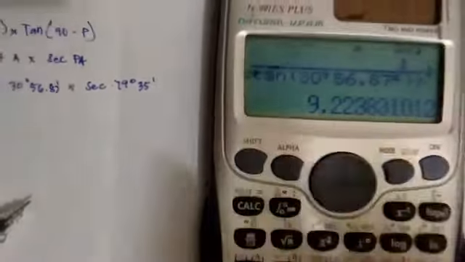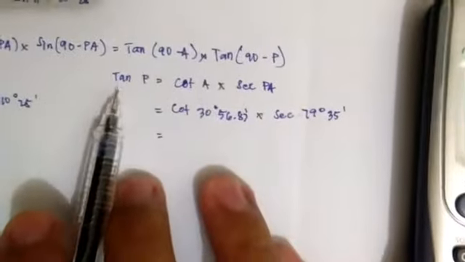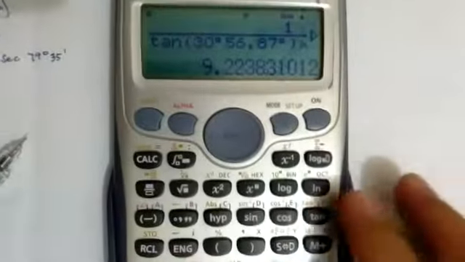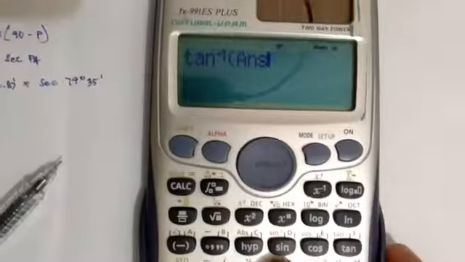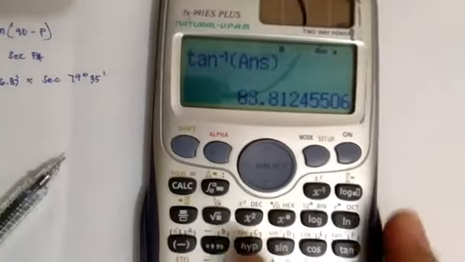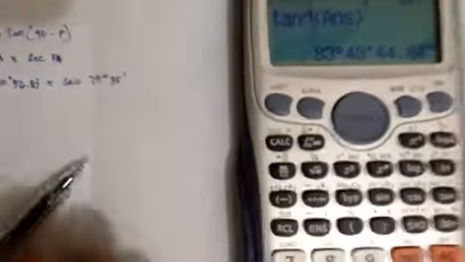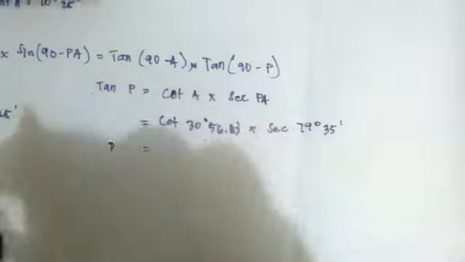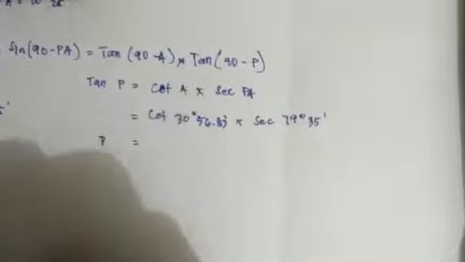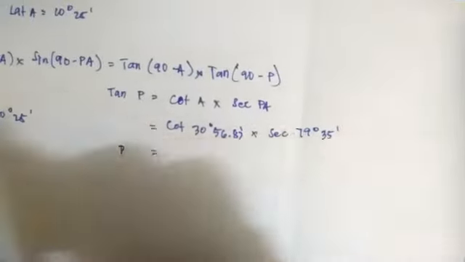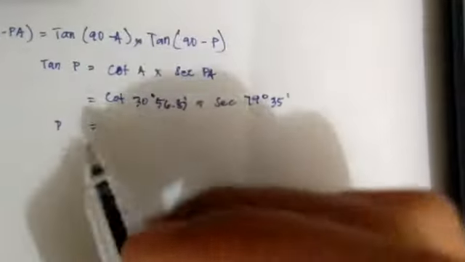So we will get that value, and since we still have tan here, we need to inverse tan the answer, and that will be our P, or the d-long, from our latitude A to our vertex.